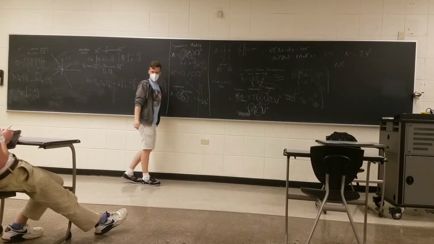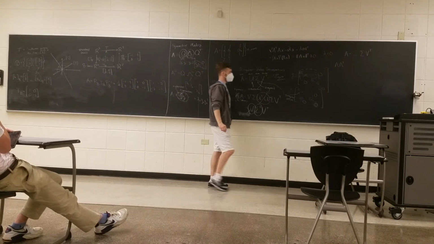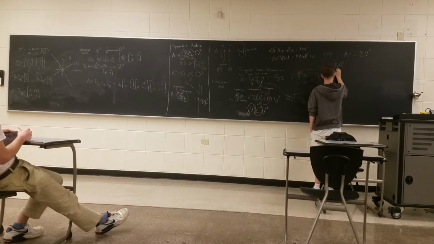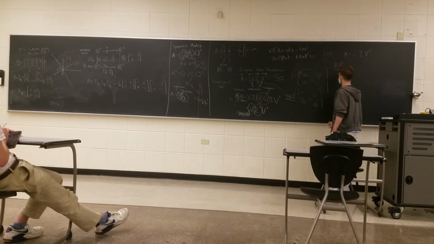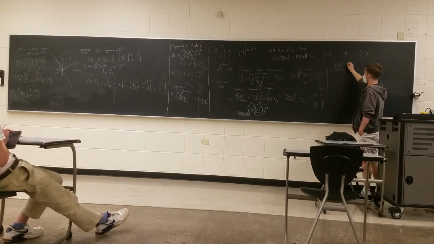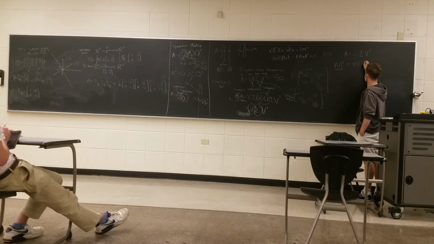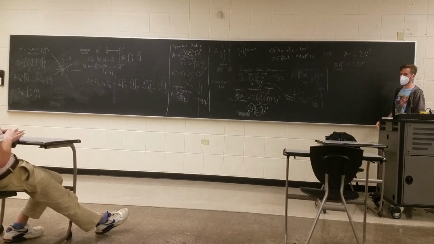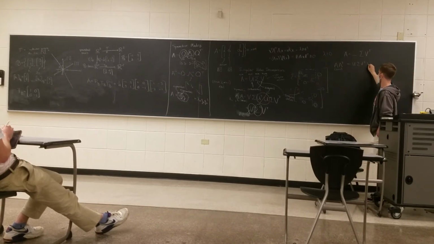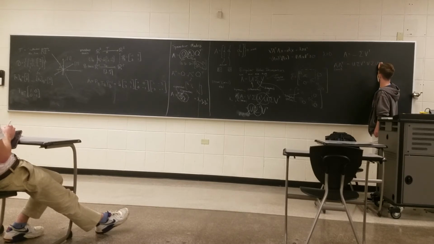A transpose A is an n by n matrix, and A A transpose is an m by m matrix. And if we do the same multiplication here, we get A is U sigma V transpose, and A transpose is V sigma U transpose.